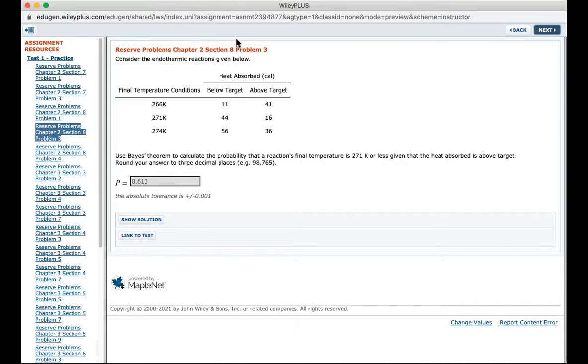Probably we don't have to use Bayes theorem, but let me give two ways to solve the problem, with Bayes theorem or without using Bayes theorem.